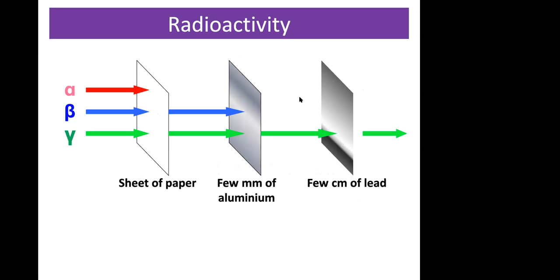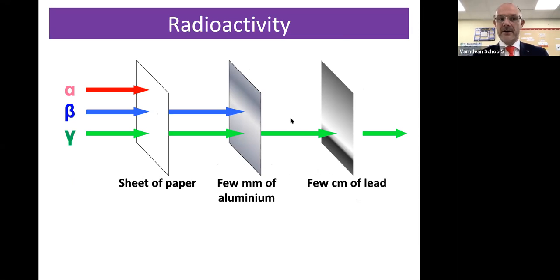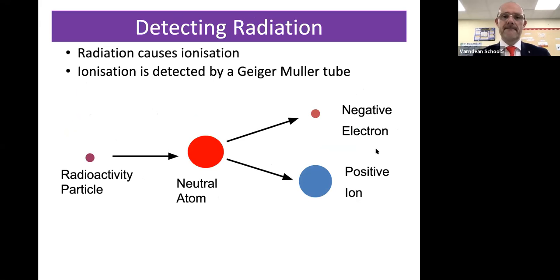Right. Okay. So let's just talk about penetrating power. Alpha, there's our alpha, can't get through paper. Beta, stopped by aluminium. Gamma takes a few centimeters of lead or a lot of concrete to stop it. That's penetrating. Now we've got to talk about being able to detect radiation.